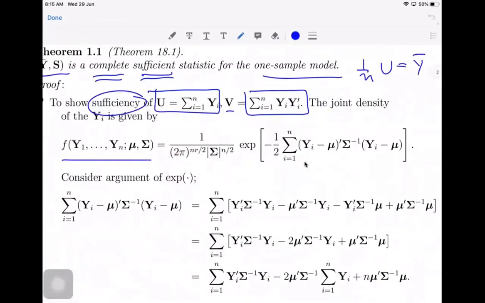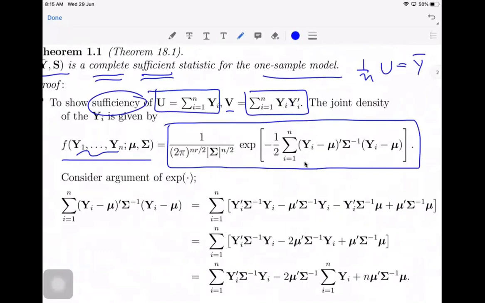So since the yi's are normally distributed, you use the density function of your normal distribution, which is given by this 1 over 2 pi sigma. And then this is a joint density function, so it's n times r, no, in your number of factors.